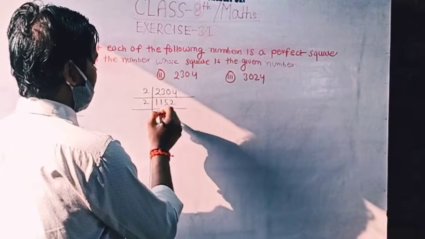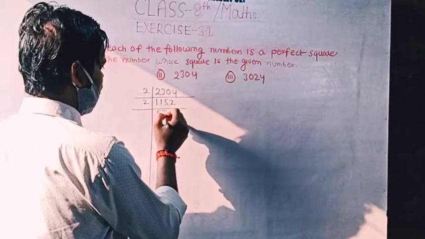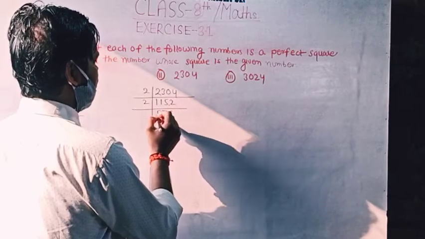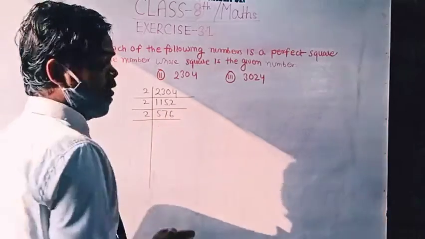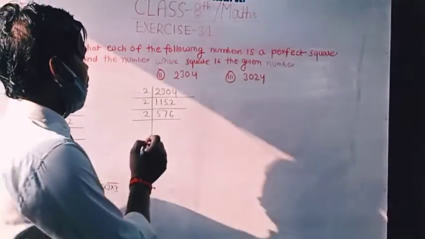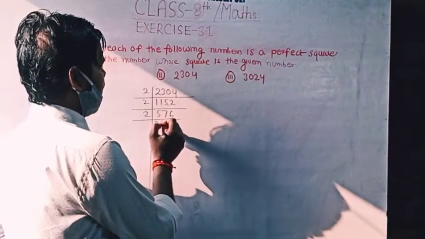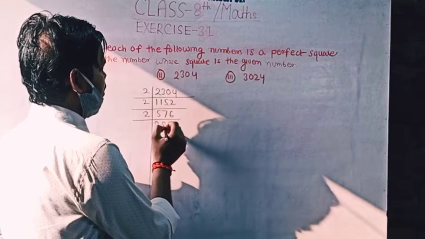2 5 is 10, 2 7 is 14, 2 6 is 12, and 576 is divided again by 2. 2 2 is 4, 2 8 is 16, 2 8 is 16.